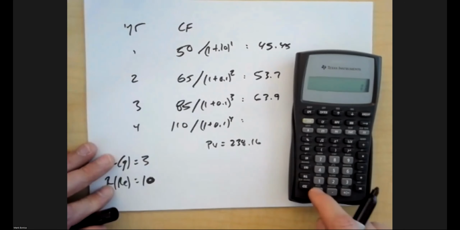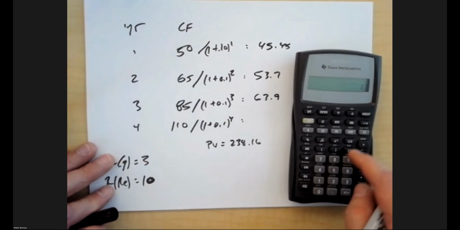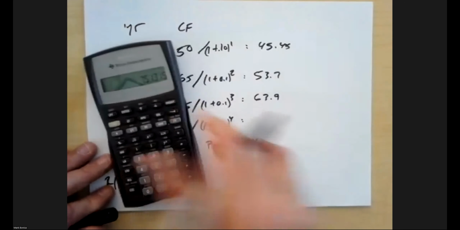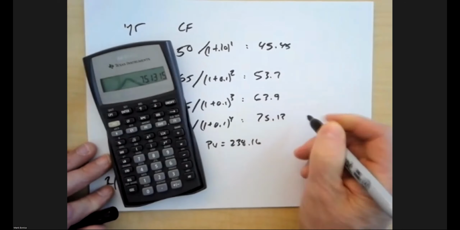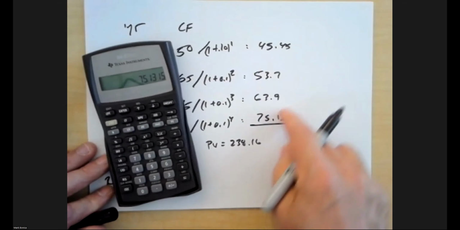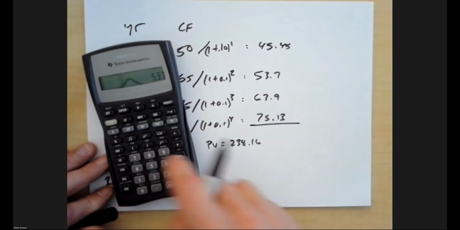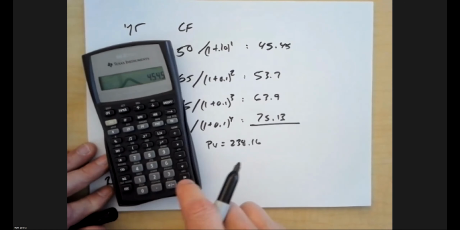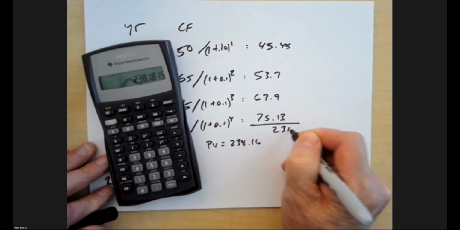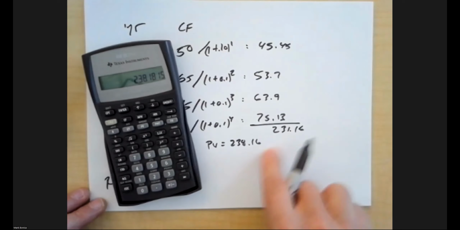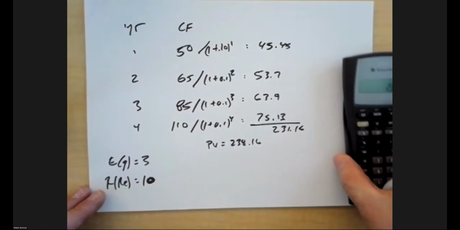And then 110 divided by 1.1 to the fourth is 75.13. So we add those up, 75.13 plus 63.9 plus 53.7 plus 45.45 gives us 238.16. That's just rounding, right? So I got the same answer doing this both ways.